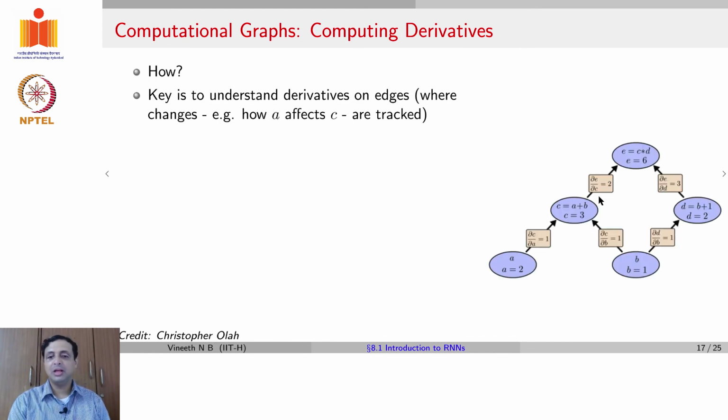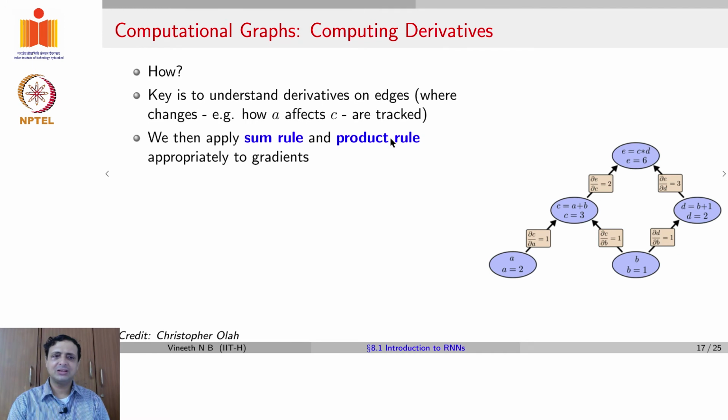For example, if you had the same computational graph, you have A at this leaf node here, and you have C = A + B at a parent of that leaf node. Now one could write ∂C/∂A: as C = A + B, ∂C/∂A will be equal to 1. Similarly, on this edge connecting B and C, ∂C/∂B will also be 1 because C is equal to A + B, and so on and so forth for every set of edges in this graph.